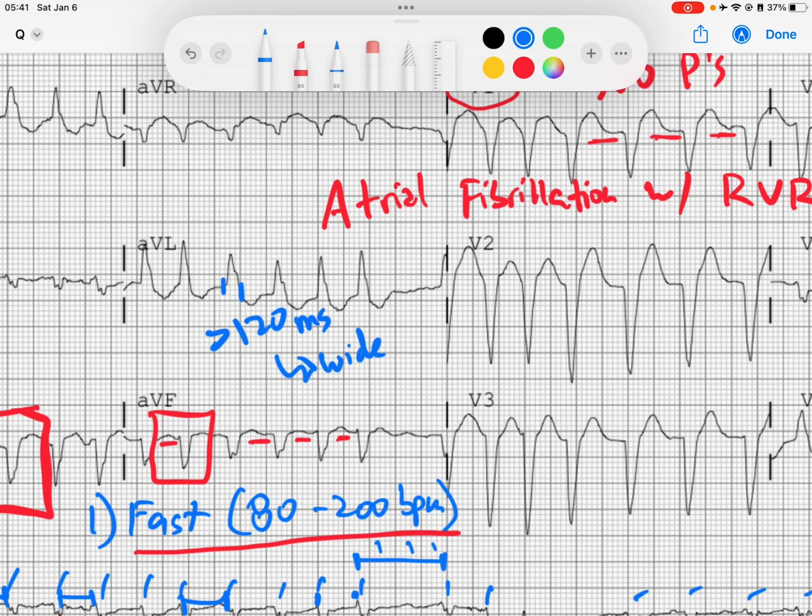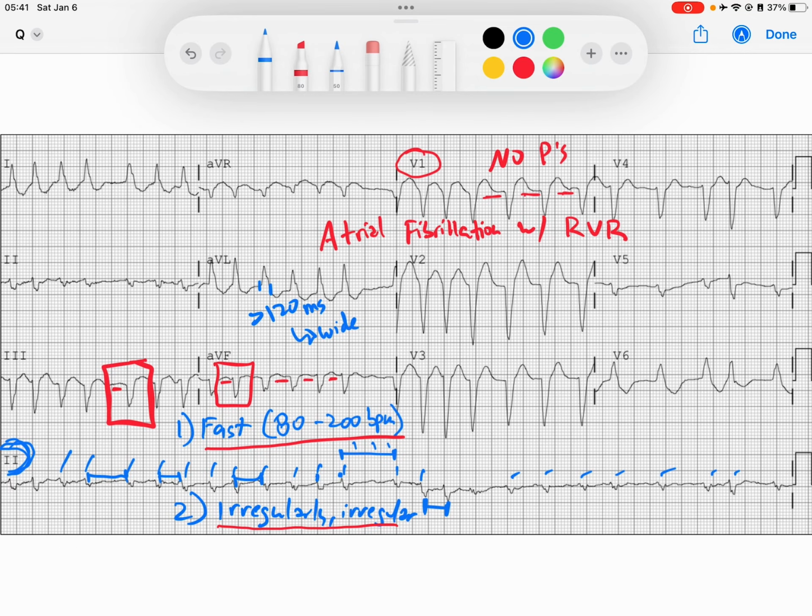And so with wide QRSs that are being conducted from the AV node, the first thing I think about is, why is it going slow? Why is it taking too long? Is there something about that His-Purkinje system that is not being utilized properly? So I wonder, is this a bundle branch block of any sort? The first thing I like to do for bundle branch blocks is evaluate for a left versus a right bundle branch block.